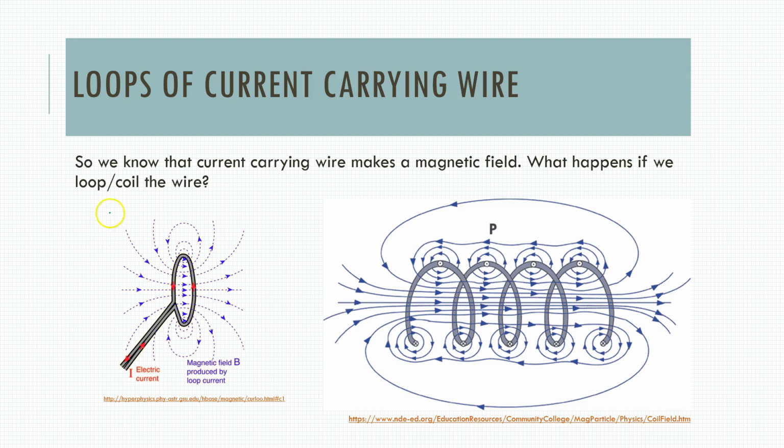We know that a current carrying wire, a current moving through a wire, makes a magnetic field. What if we loop it? Well, if we loop it, we still get circles. I'm going to do this in green and hope that it doesn't make too much of an ugly mess here. Around this wire, we're going to have these magnetic fields that loop around in circles all over this particular wire.